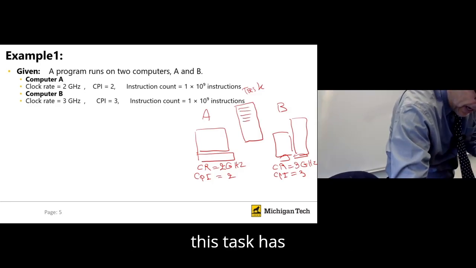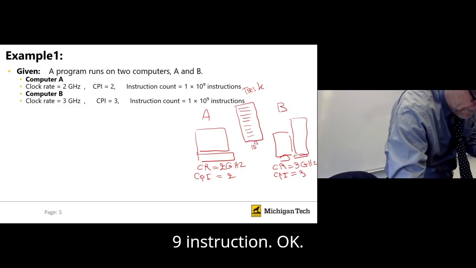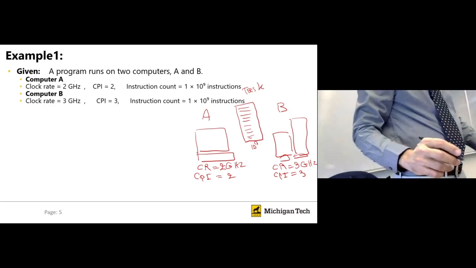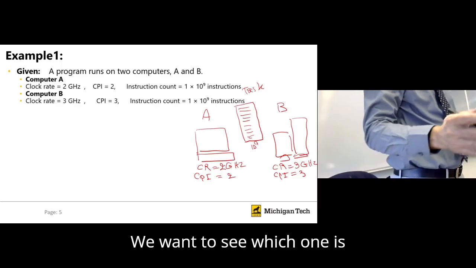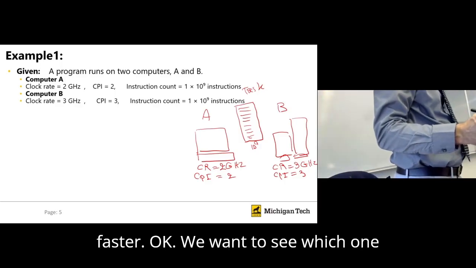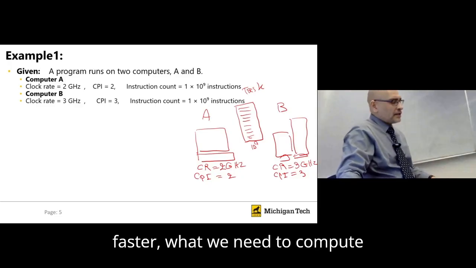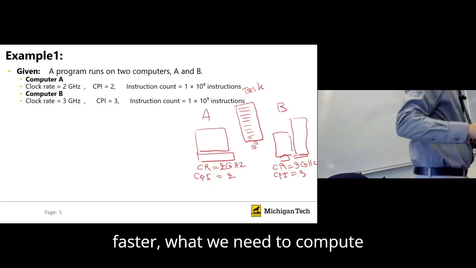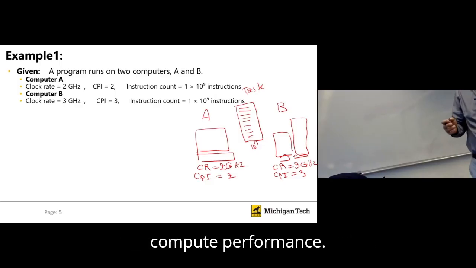So this task has 1 billion instructions, 10 power 9 instructions. Okay, we want to see which one is faster. To see which one is faster, what do we need to compute? Performance, of course. We need to compute performance.